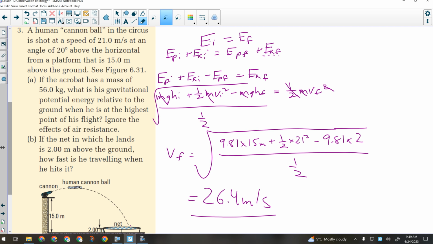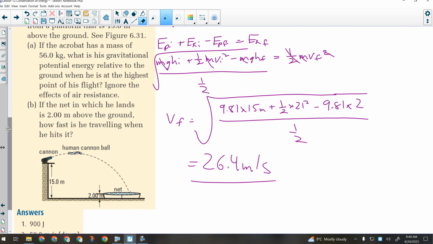So the thing that's different for part A is that I need to know the horizontal component of this 21 meters per second, 20 degrees above the horizontal, because that's the speed the human cannonball is moving at their highest point, when they're only moving horizontally. In order to calculate that, I just find the horizontal component of that projected speed.